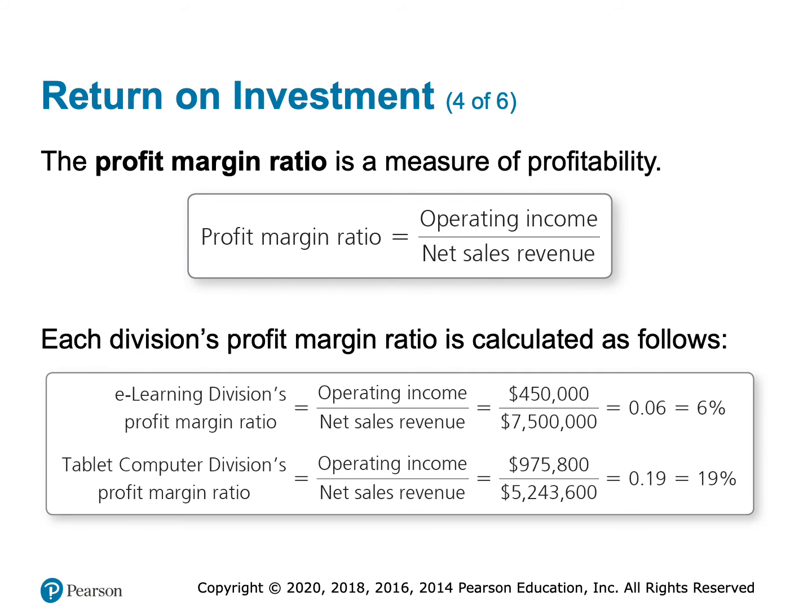Okay, that's a big difference. So this is telling me that the tablet computer division is doing much, much better at controlling cost. They're doing better at controlling costs because they're turning more of their revenue into profit, like 3 times as much into profit as the e-learning division is.